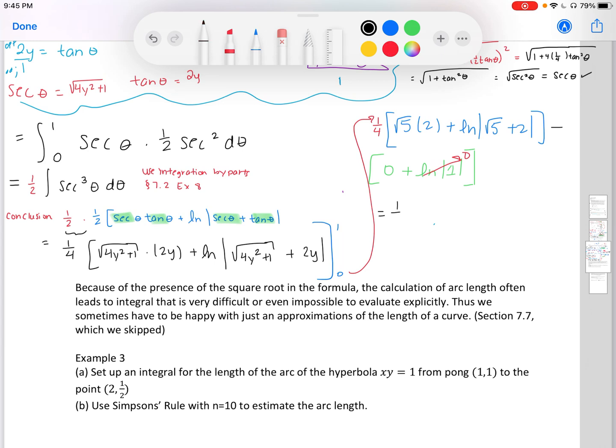So we have 1/4 times the square root of 5 times 2 plus the ln of square root of 5 plus 2. Let's clean that up. We can multiply in that 1/4. So we're left with square root of 5 over 2 plus the ln of square root of 5 plus 2 over 4. Now you punch it into your calculator, and that's about 1.478943.